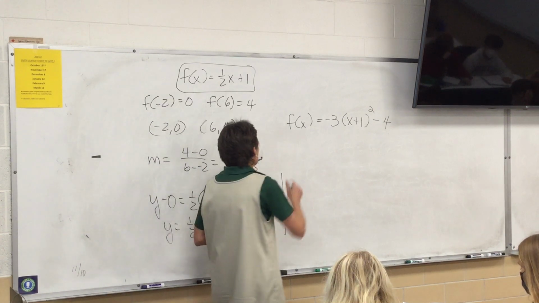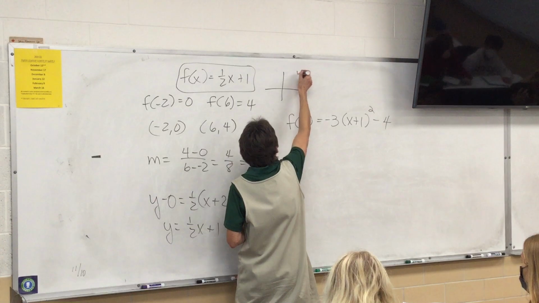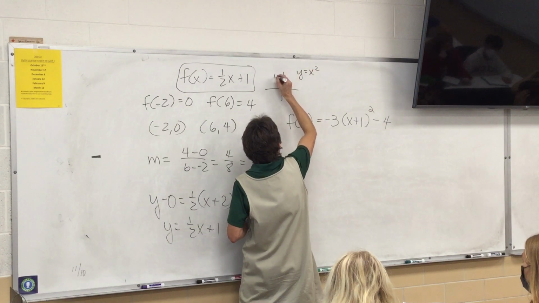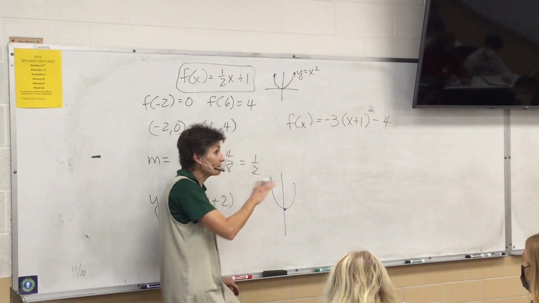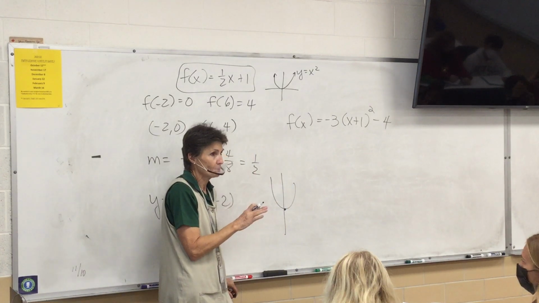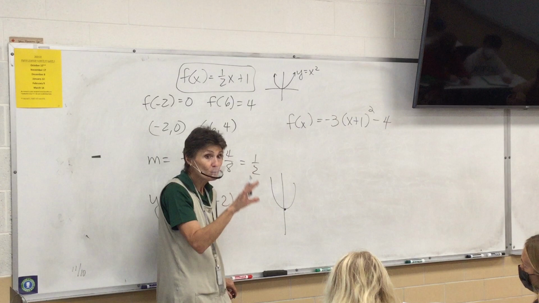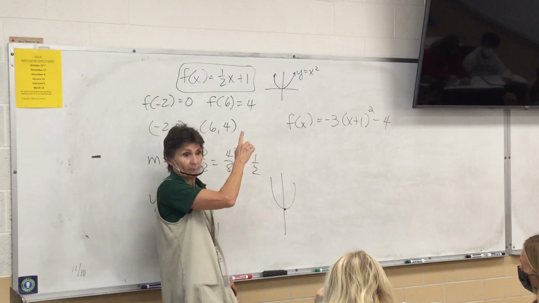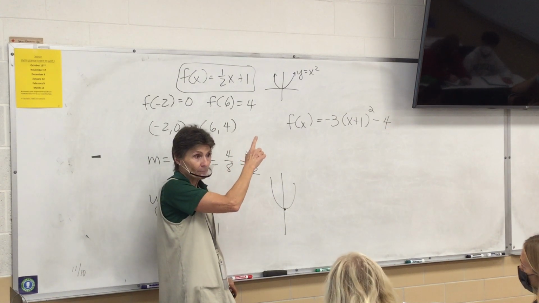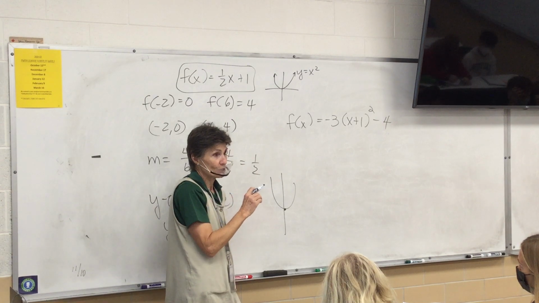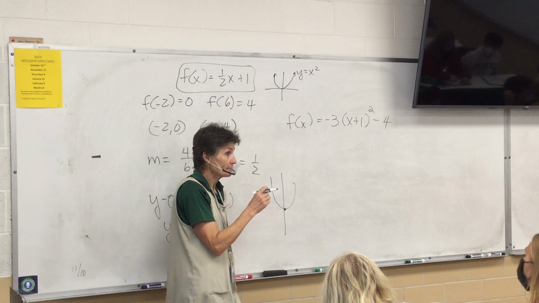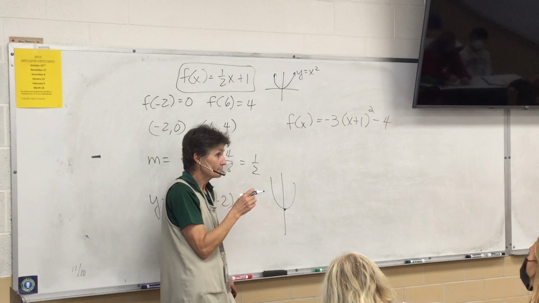Now, your BFF, y equals x squared, has a vertex at the origin. But we have just spent a whole bunch of time talking about how to move that shape, how to change that shape. How do we move it off the origin? We add or subtract, right?